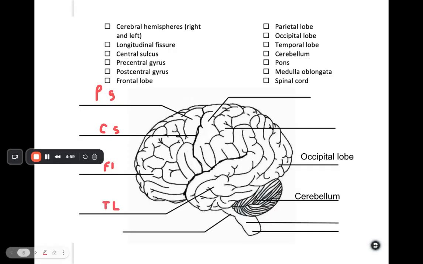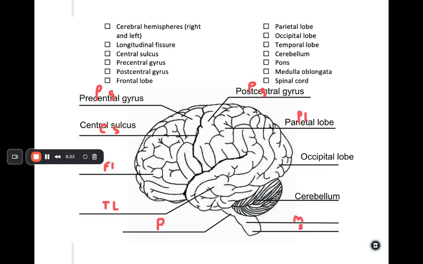This is going to be the pons here. Now down the other side, we're going to have the postcentral gyrus. All right, so still folding up. Then we're going to have the parietal lobe, and then we have the occipital lobe, the cerebellum, the medulla, and the spinal cord. So those parts will look like that.